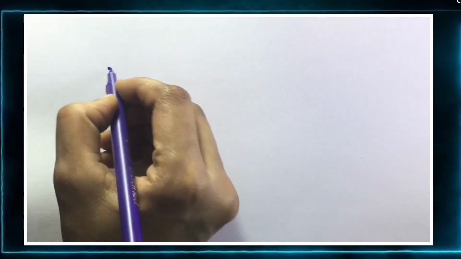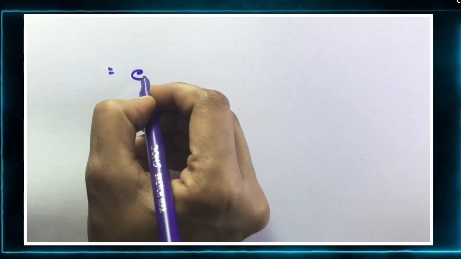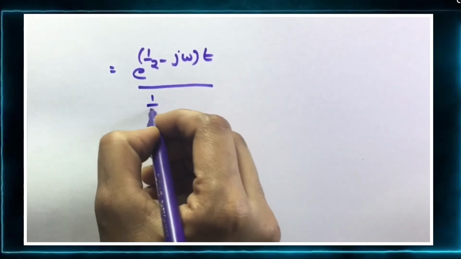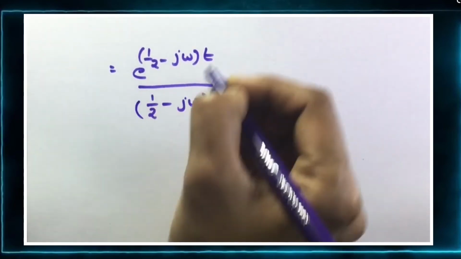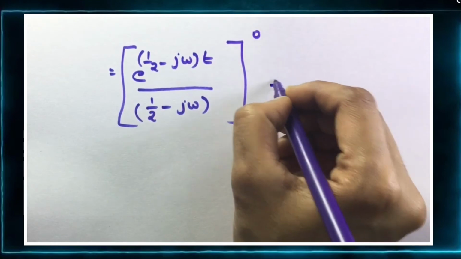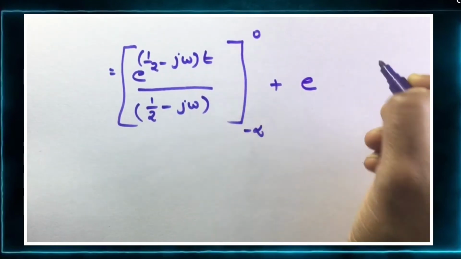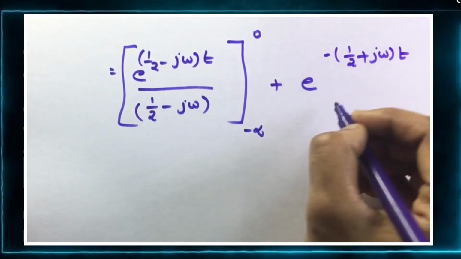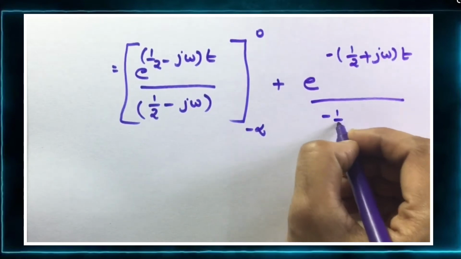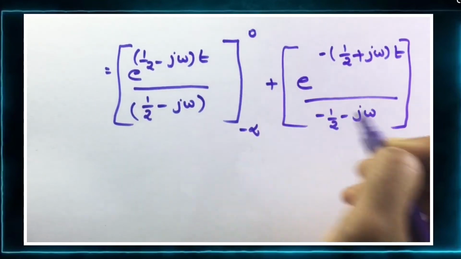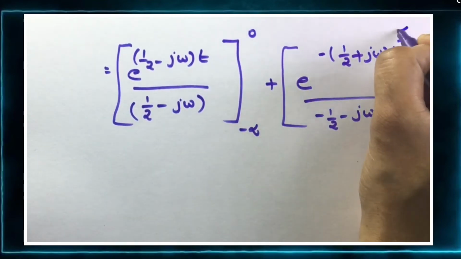So we get Fourier transform of x of t as e raised to (1 by 2 minus j omega) t divided by (1 by 2 minus j omega) over the interval minus infinity to 0, plus e raised to (minus 1 by 2 minus j omega) t by (minus 1 by 2 minus j omega) over the interval 0 to infinity.